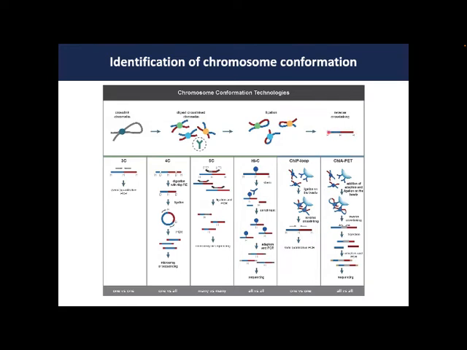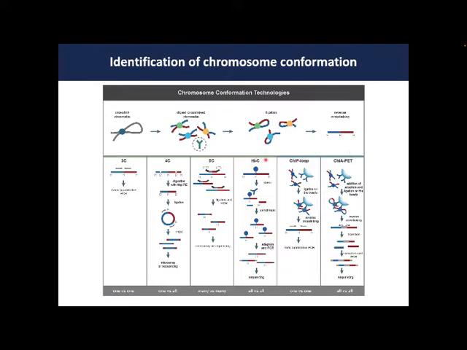Then we can say this blue DNA sequence interacts tightly with this red sequence, or is located very closely. In this way, we can identify DNA interactions with chromosome conformation technologies. There are multiple variations such as 3C, 4C, 5C, Hi-C, ChIA-PET.